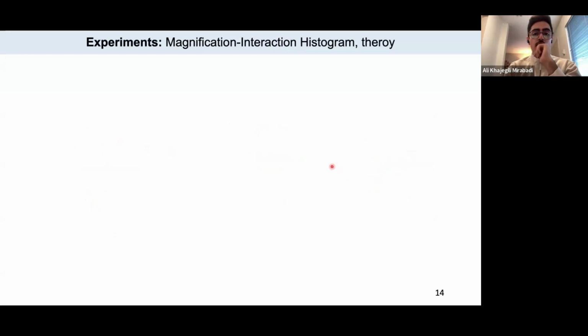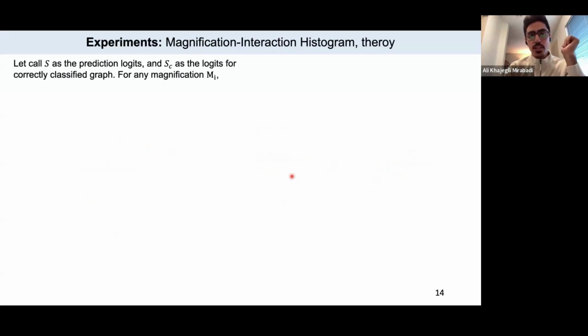And from this part, I wanted to go over that humanoid behavior in models. So we wanted to formulate this based on the gradients. We wanted to build histograms that show the population statistics of the model's decision making.